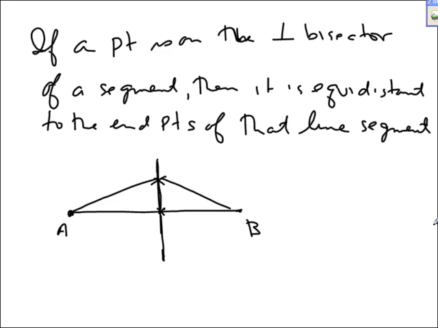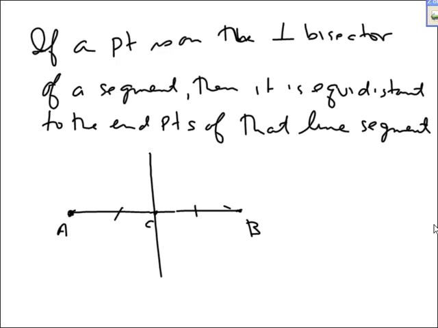It's basically the mirror image. Doesn't look like I picked the center too well. But if you think about it, this line splits AB right in half. Actually, those two are supposed to be equal. I'm sorry, AC and BC.